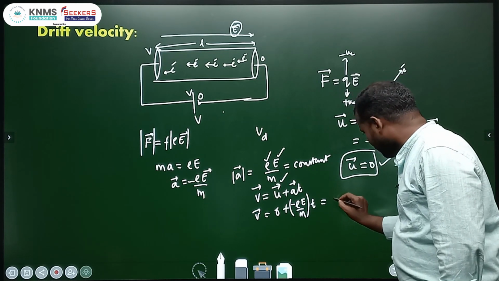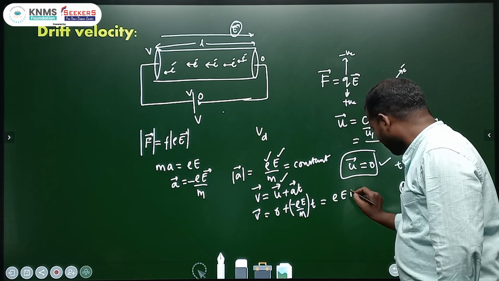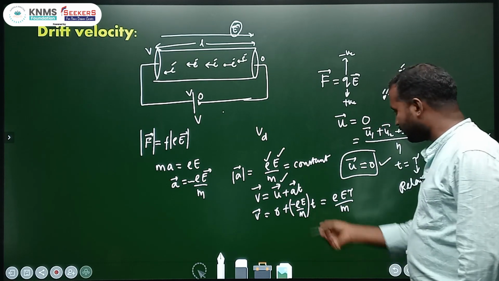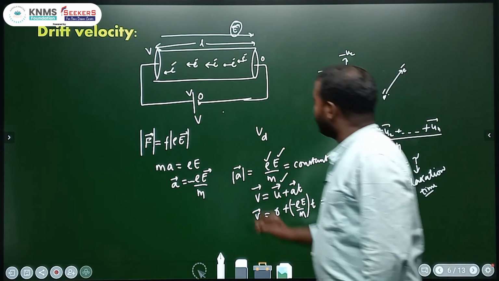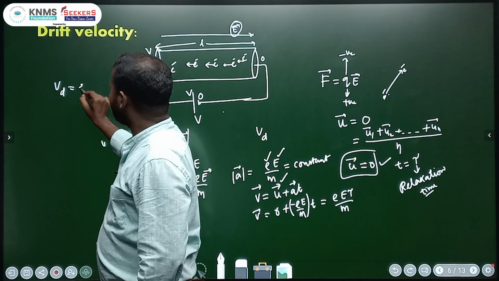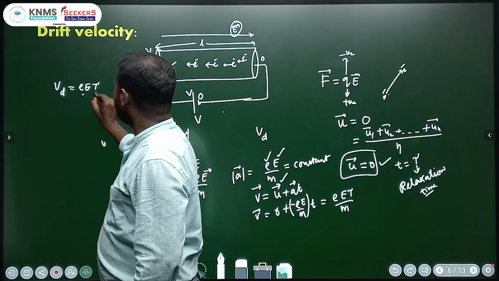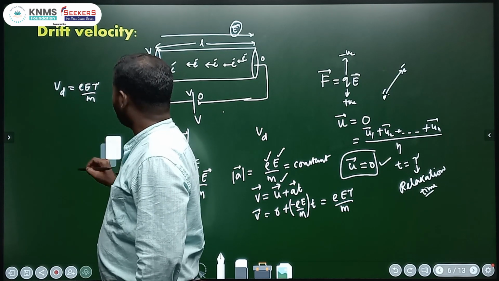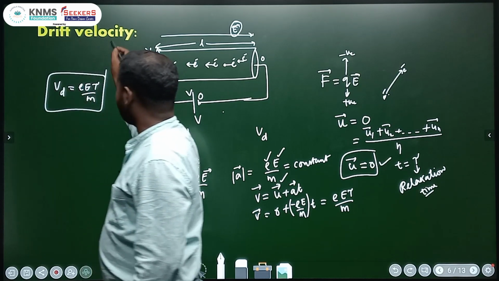So if I write that eE tau by m, I am worried only about the magnitude, hence it will become drift velocity. Drift velocity vd can be written as eE tau by m, right? So this is the expression for drift velocity.